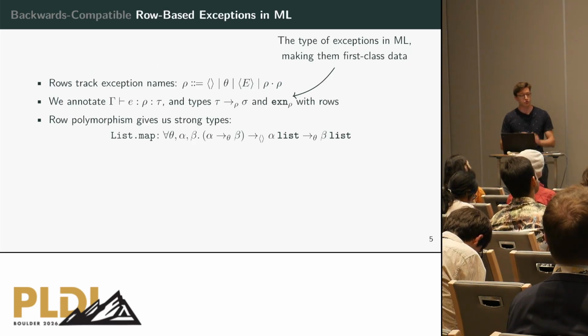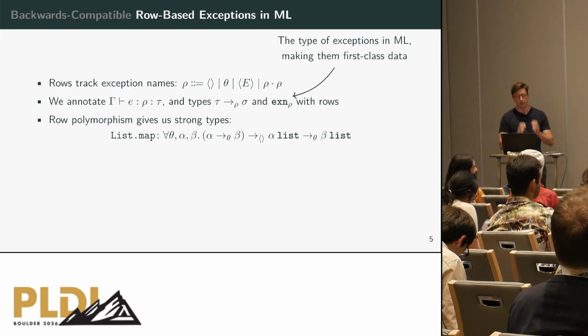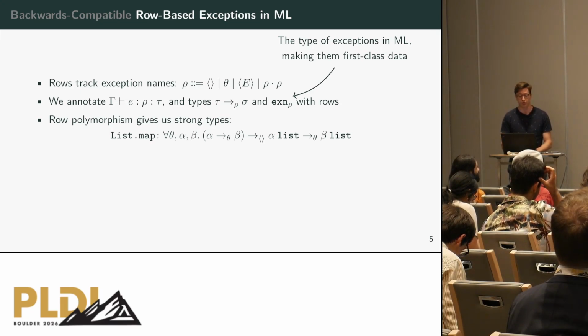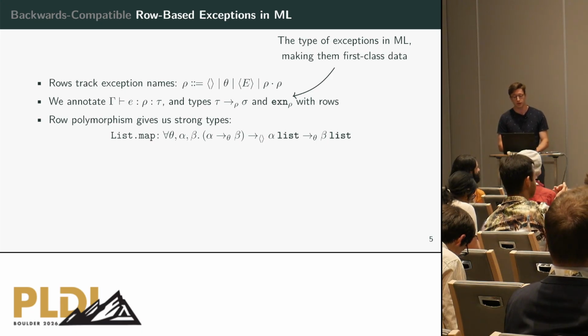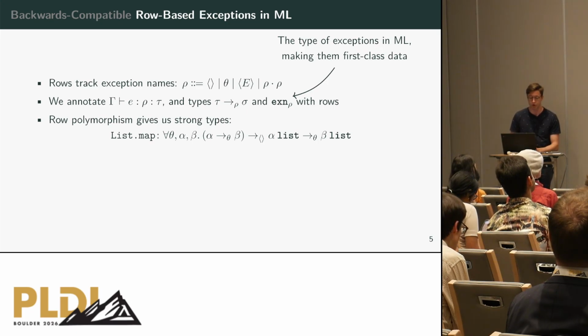So as said, we track these exception names via rows. So we have row variables, which we use for row polymorphism. The first one is of course the empty row. The third one is the singleton row, which says that an exception with label E can be thrown, and then we can concatenate these rows.